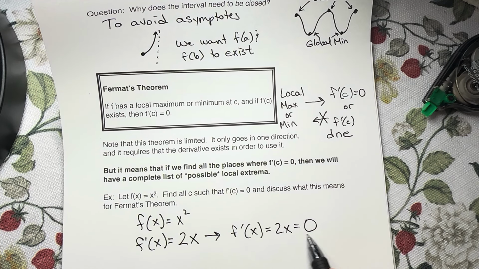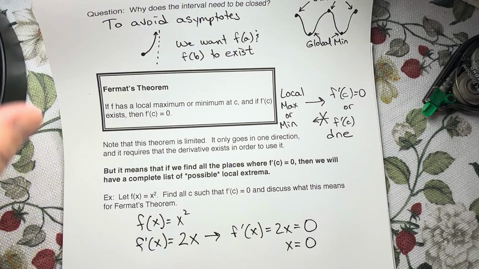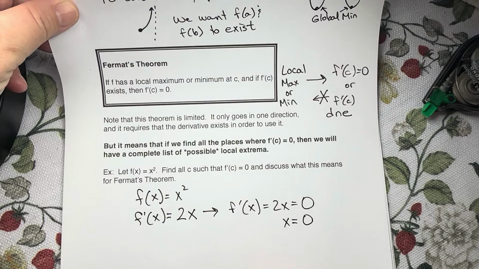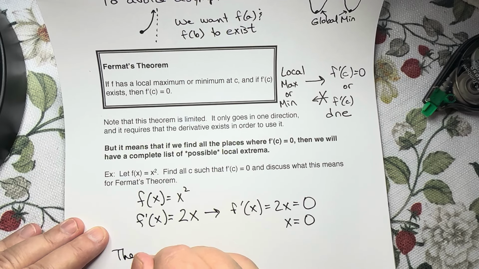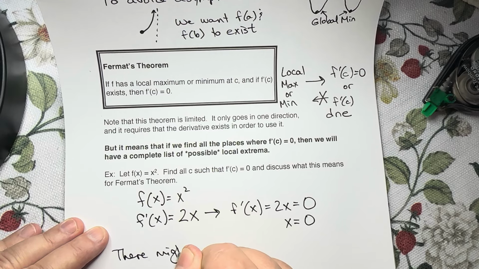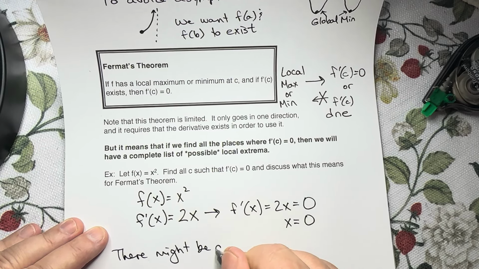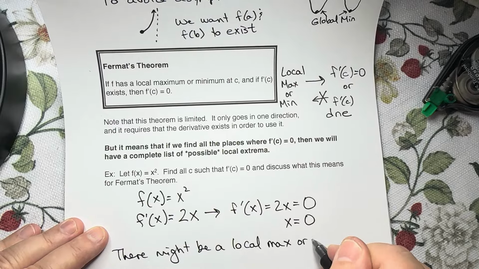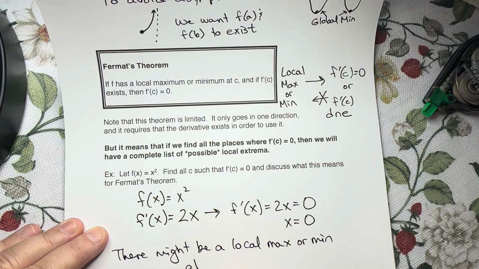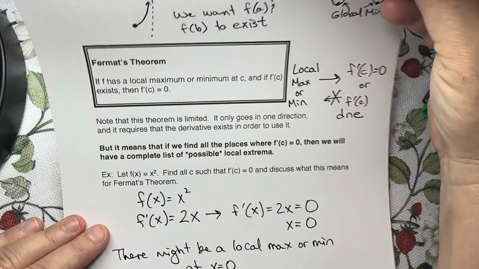Well, when is 2x equal to 0? Oh, it's just when x equals 0. Okay. So what does that mean? There might be a local max or min at x equals 0. And what else?